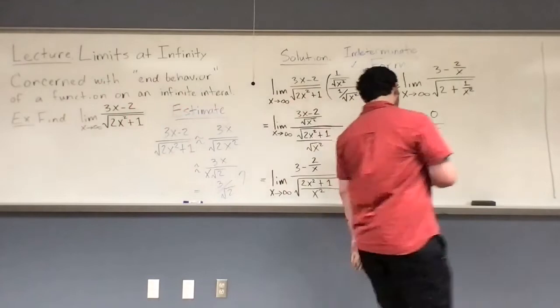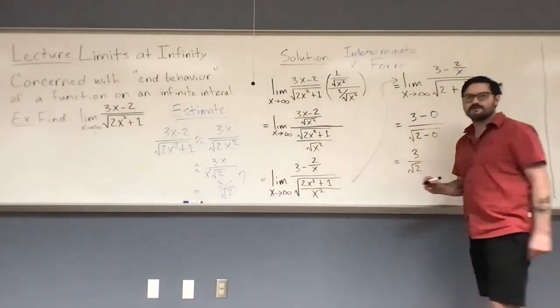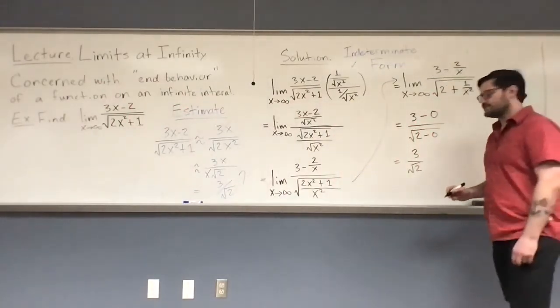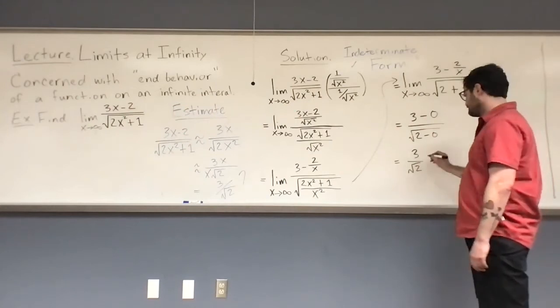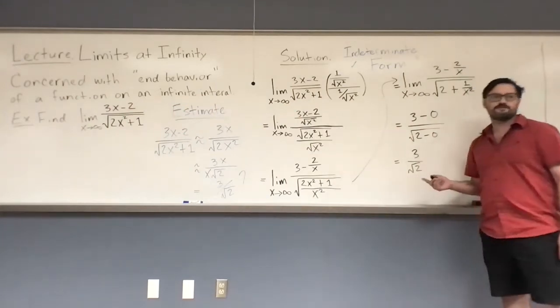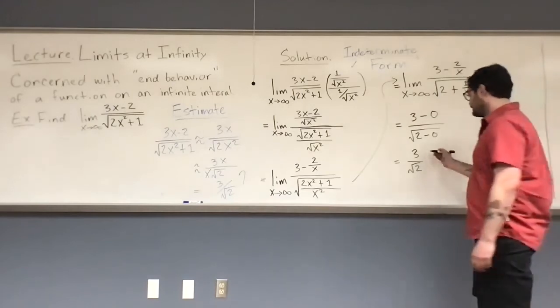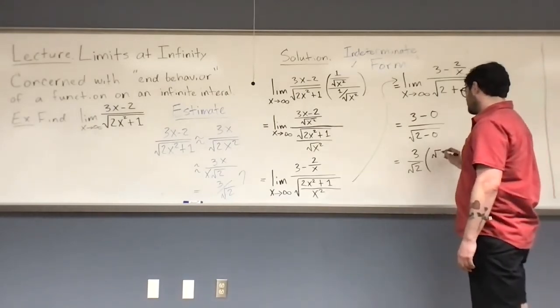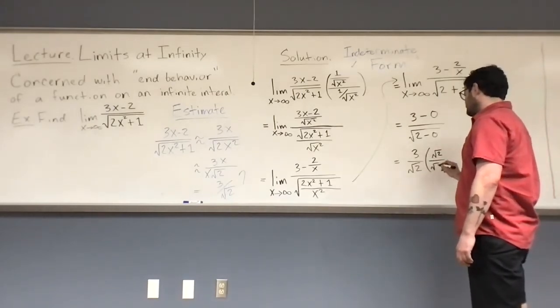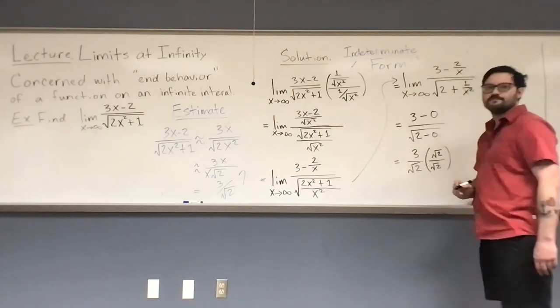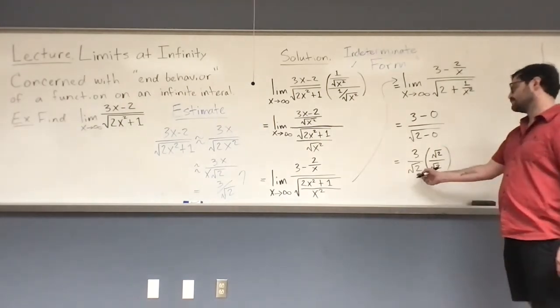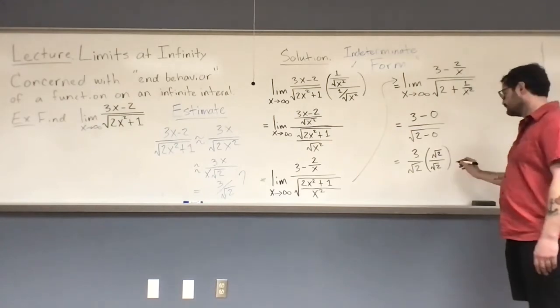Now, your dumb textbook might ask you to rationalize this, which means that you would take your answer and you don't want any radicals in the denominator. So you multiply it by another fancy form of 1 to get rid of those. So square root 2 times root 2 is just 2.